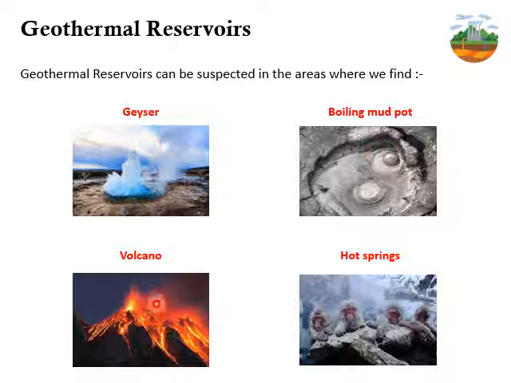Then obviously volcanoes and hot lava coming out from the earth's surface are also a type of geothermal energy. And you must have heard about the hot springs in the freezing mountains. Those hot springs are also an example of geothermal reservoirs.